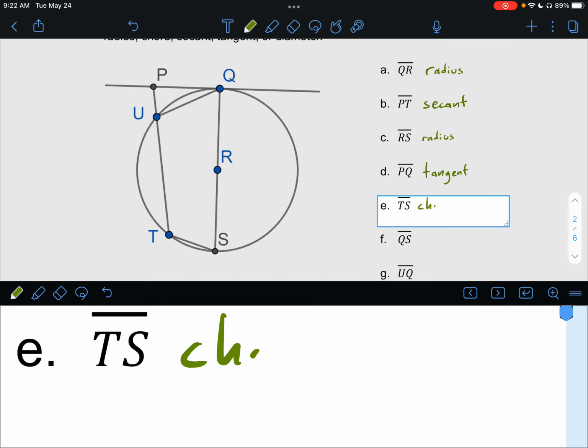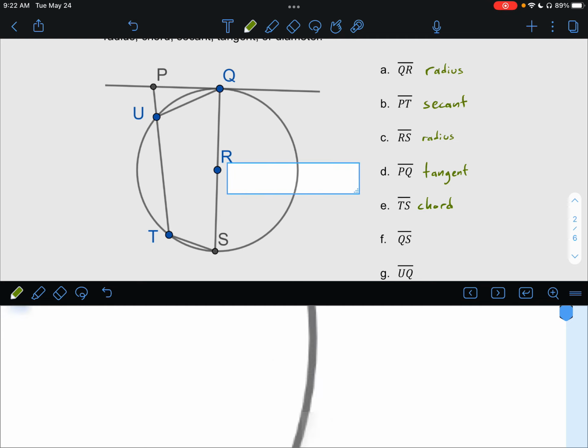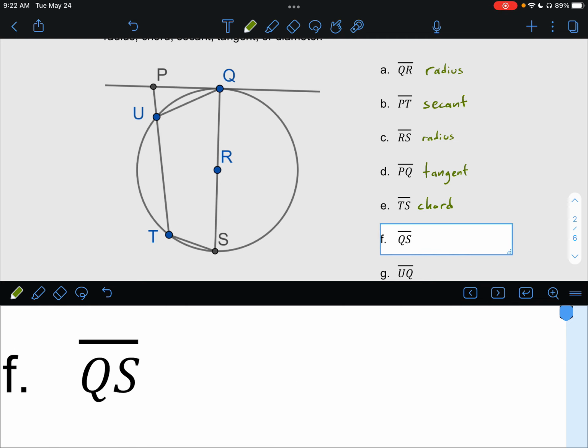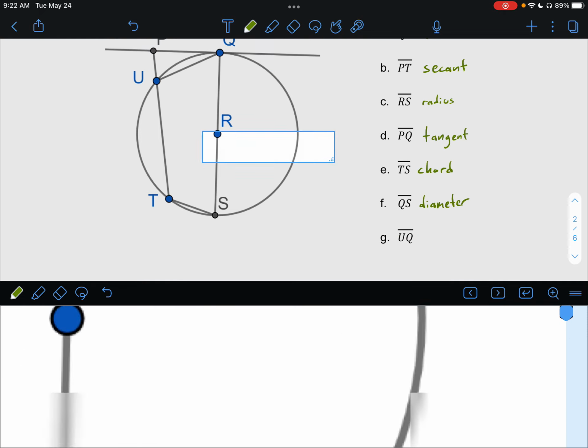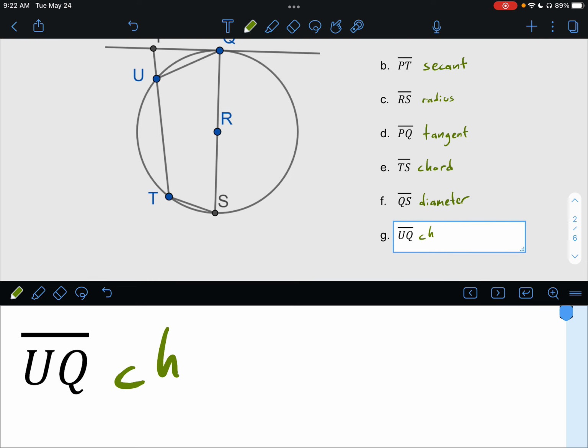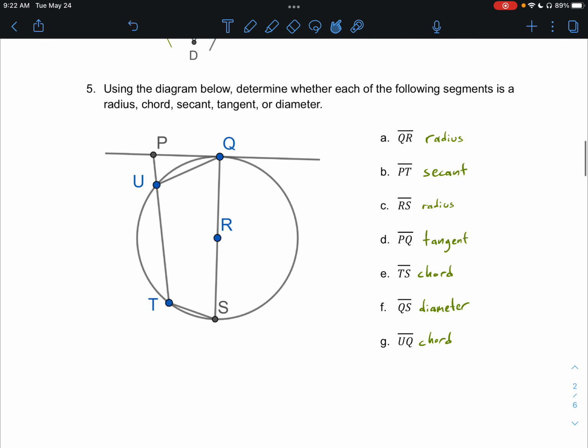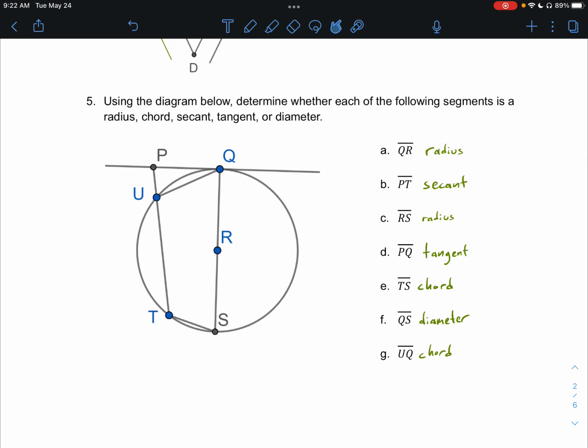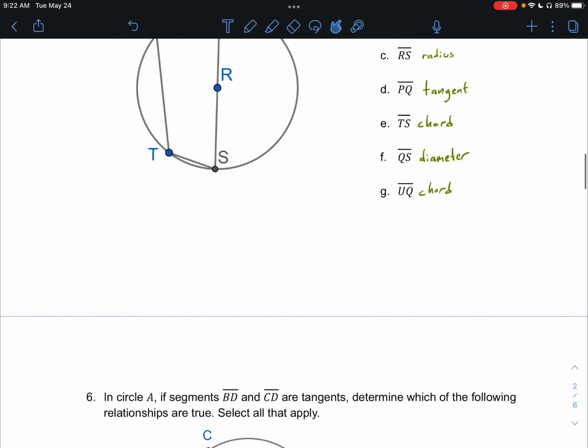QS goes through the center, so that's the diameter. And then UQ is another chord. So there we go: radius, secant, radius, tangent, chord, diameter, chord.